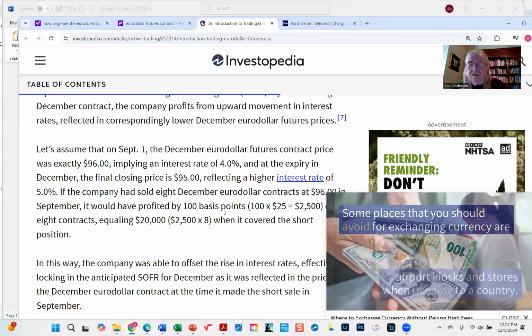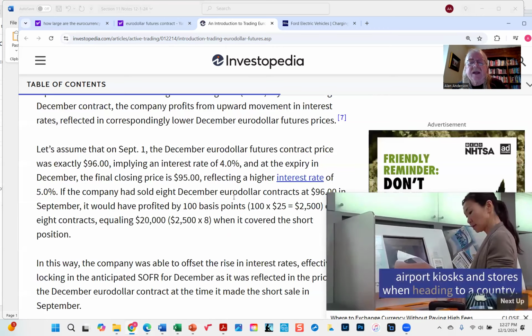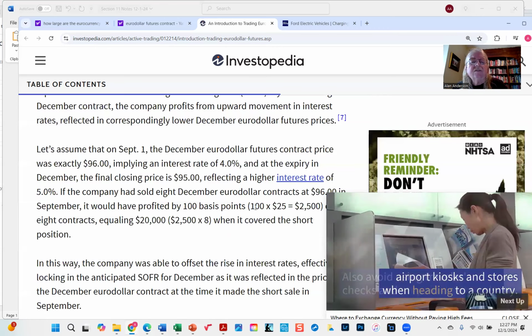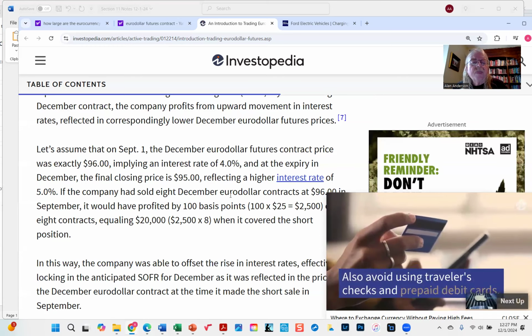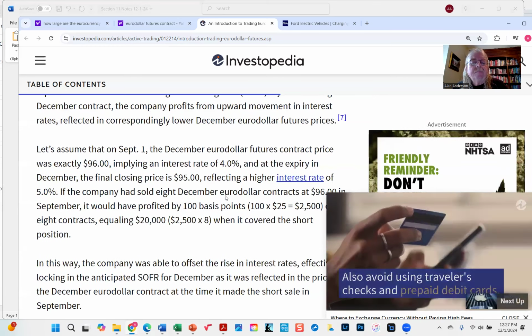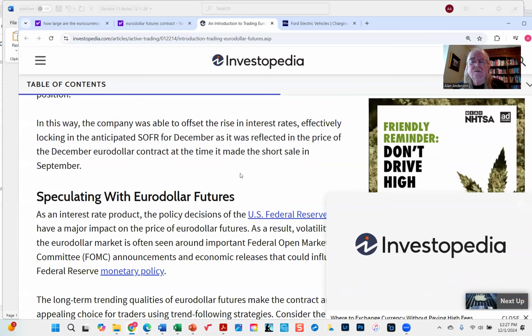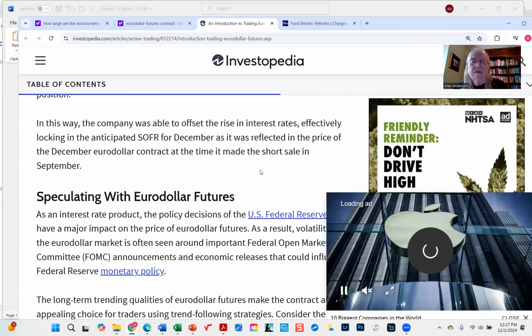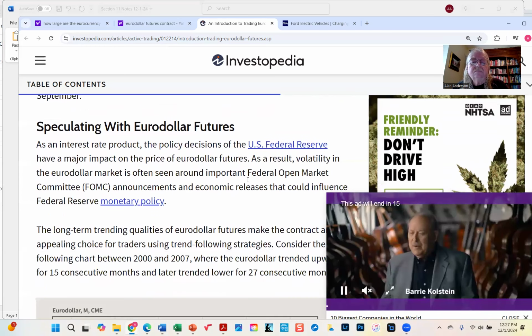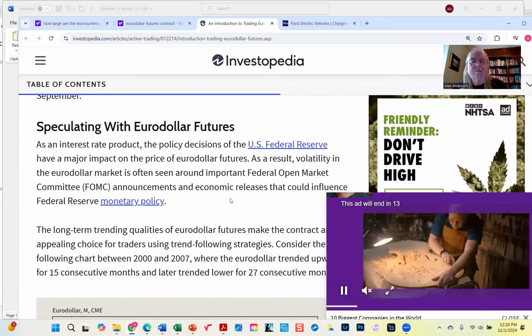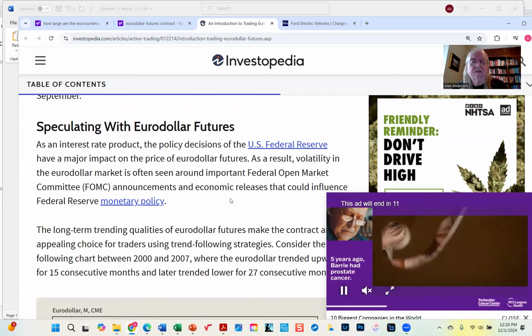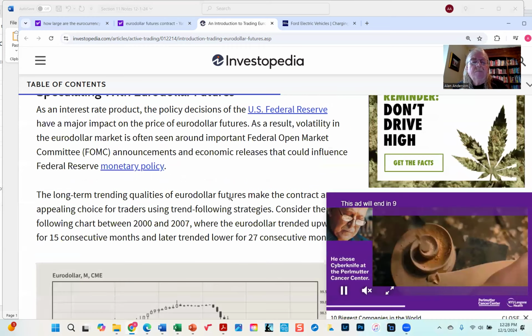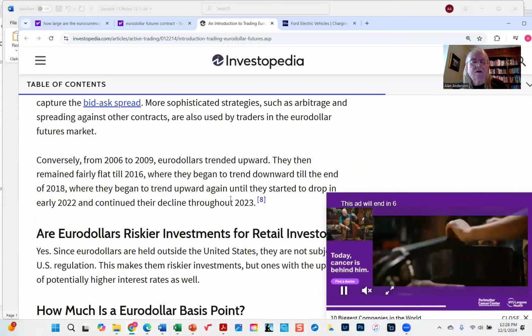And we'll see later on in the slides how to actually calculate the payoffs to a Eurodollar contract. It's a little bit messy, and also because of the way it's quoted, you'll see when we get to that point how the prices are determined. But yeah, I think this is a very good article.